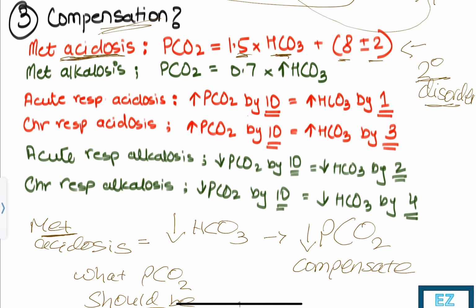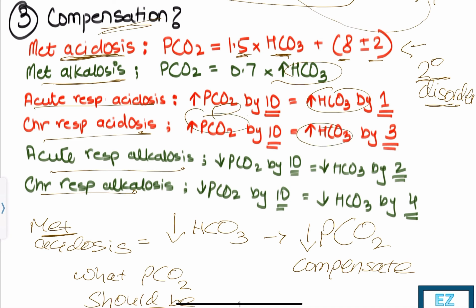And we have our main other types of diseases where we have metabolic alkalosis, acute respiratory acidosis, chronic respiratory acidosis, acute alkalosis, and chronic alkalosis. And as you can see, if you just plug in your values here, you plug in your bicarb, you get your CO2. Plug in your bicarb, you get your CO2. So for example, for a respiratory alkalosis, which would mean, what would your respiratory alkalosis be?